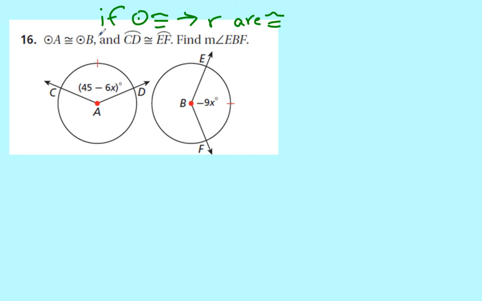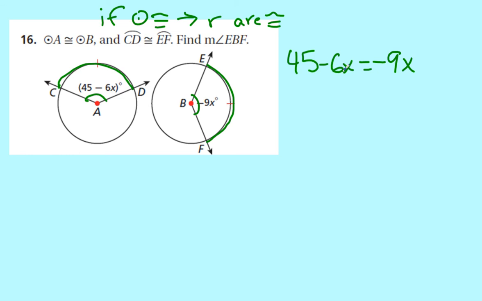So we can say CD, this arc is the same as this arc here. And we said today that if the arc lengths are the same, then this central angle is also the same. Which means we can do a little bit of algebra here. We can say 45 minus 6x has to equal this one over here, which is negative 9x. And then we just do math.